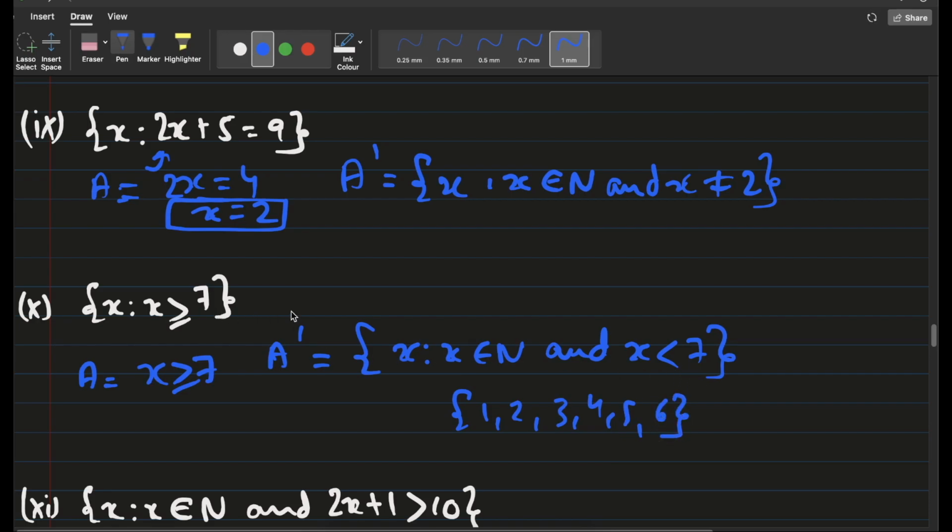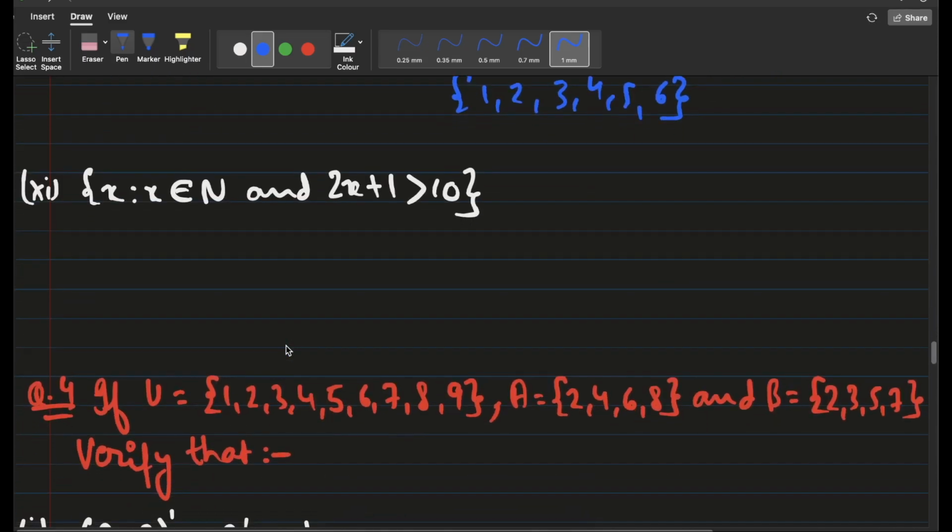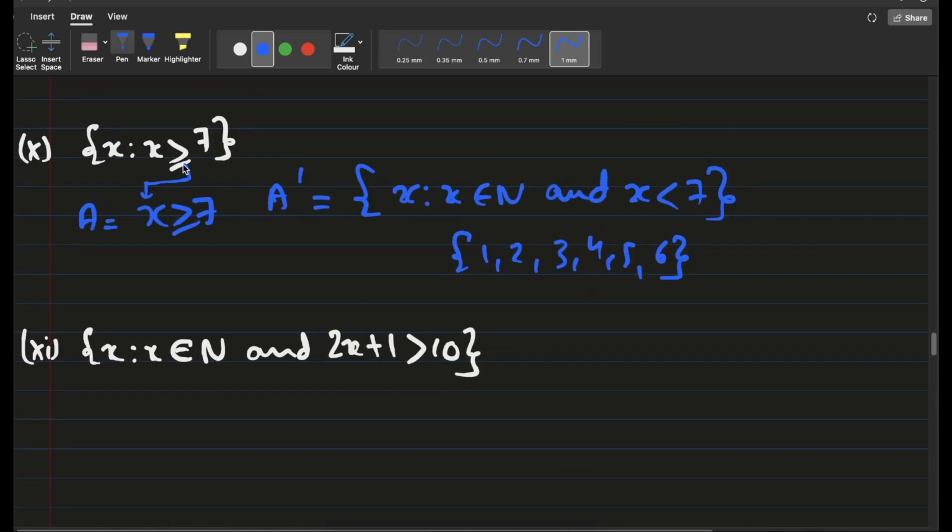We will not carry 7 because it was part of our A, we have removed A. Okay, 7 was also removed because it was contained in set A. So if we complement it, we will not contain this 7 element in our A complement set. Got it? If it would be only greater than, then we will write up to 7.